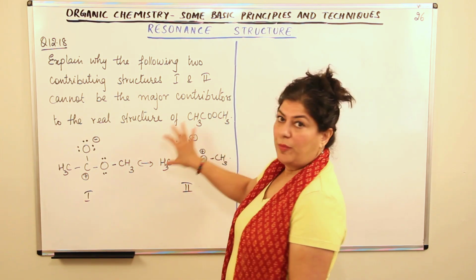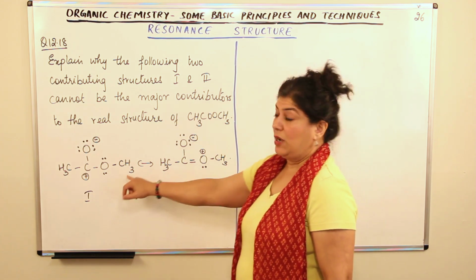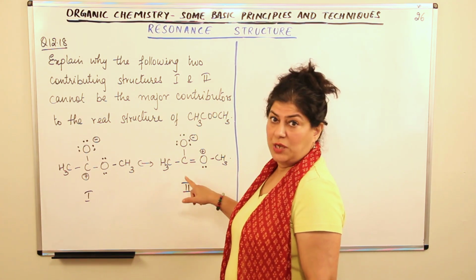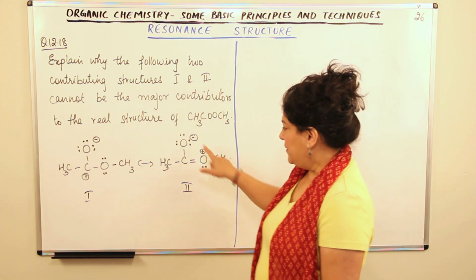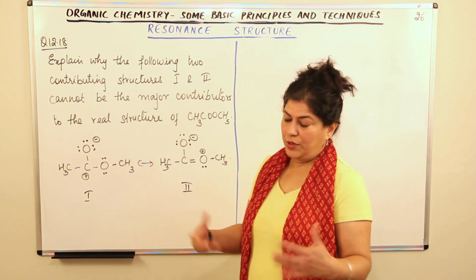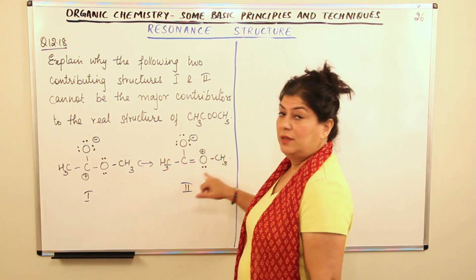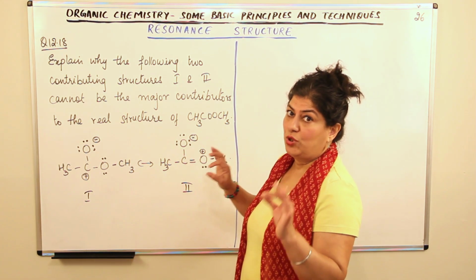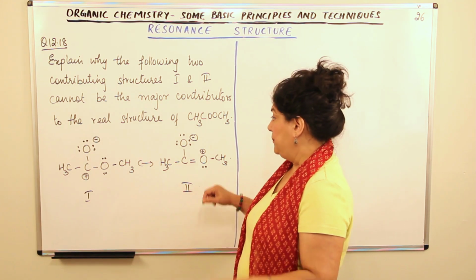If you look for the drawbacks in this structure, the number of covalent bonds is more, therefore according to that point this would be more stable than this. But then there is another factor that comes in. There is a charge separation. So okay, the charge separation, good idea. All atoms are forming the right number of bonds, therefore the octets of all atoms are complete, therefore this should definitely be more stable.